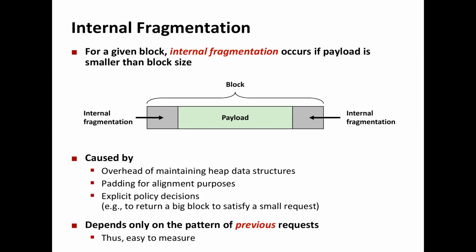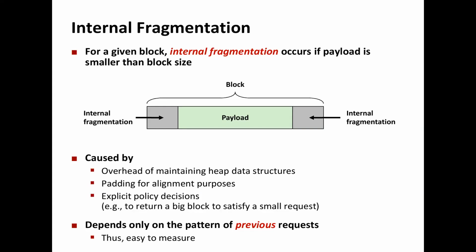Or maybe we deliberately want to allocate a larger block than our payload because of some policy. Maybe the user allocated 10 bytes, but very soon the user is going to call realloc with 20 bytes. So why wouldn't I allocate 20 bytes right away? Maybe I will improve performance by doing that, or improve memory utilization.